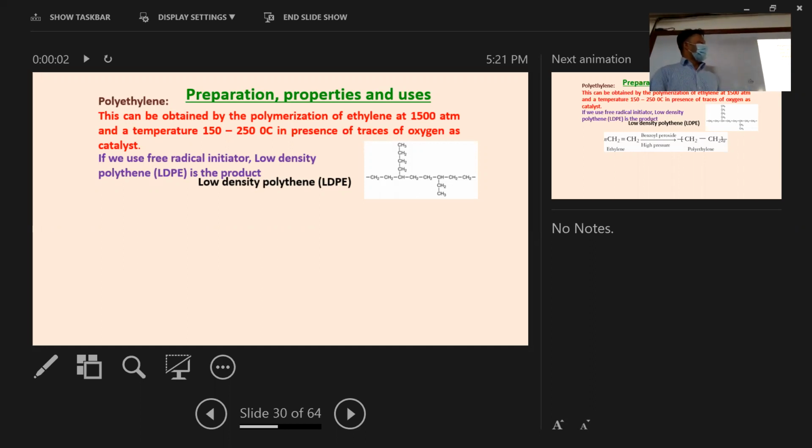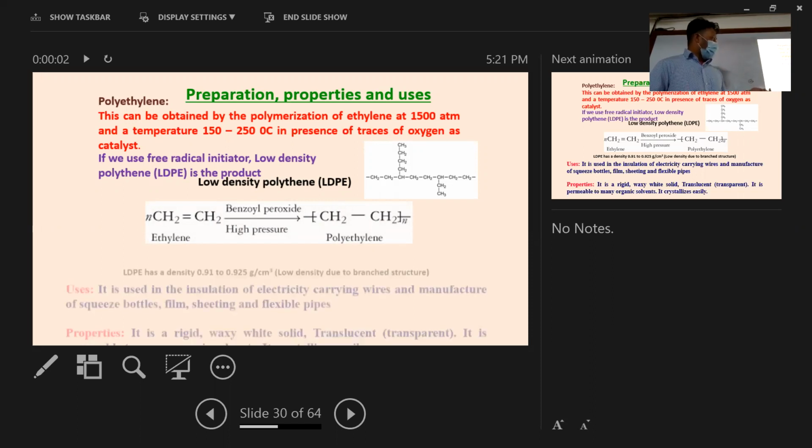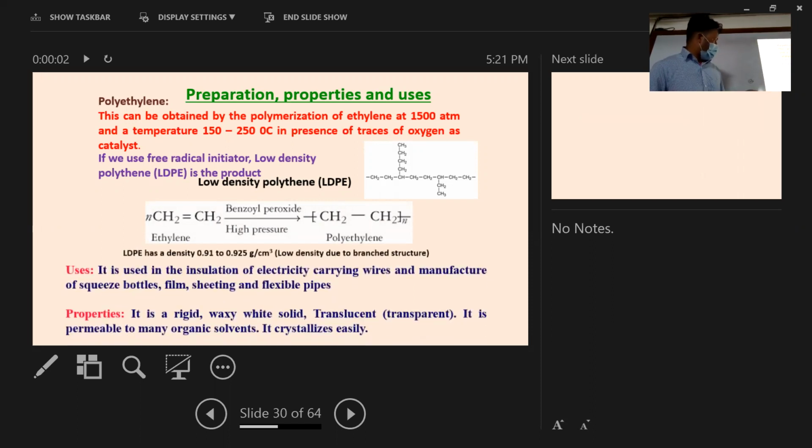One very interesting thing I will show you: LDPE has a density of 0.91 to 0.925 gram per cm cube. That means just a little bit lower than water.